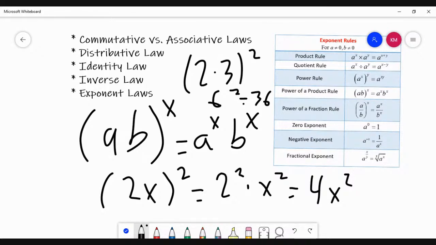What does that look like when you raise both of them to a power? Okay. Any questions about the power of a product or the power of a fraction rule? All right, next up.